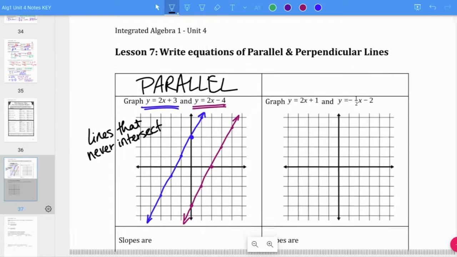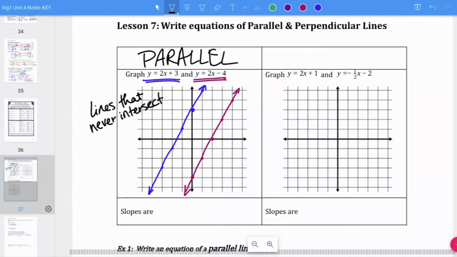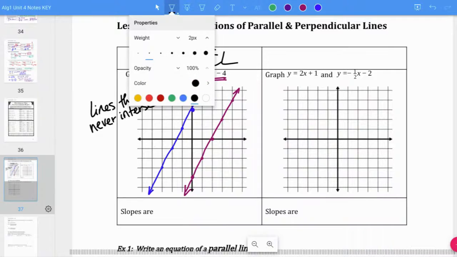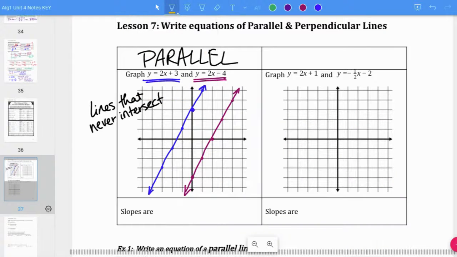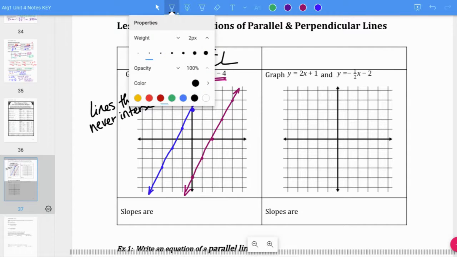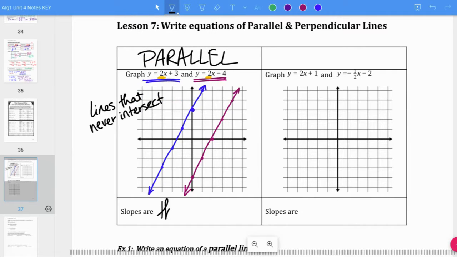And you can see the one thing that we recognize about the slopes in these equations is that the slope 2 and the slope of 2, those slopes are the same. That is the key feature of parallel lines, is that their slopes are the same. Very important.